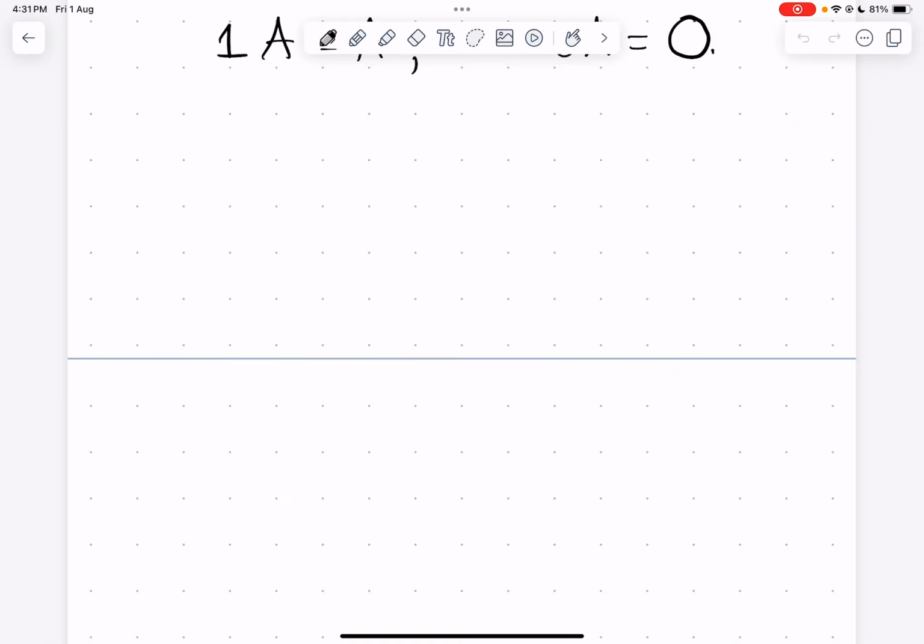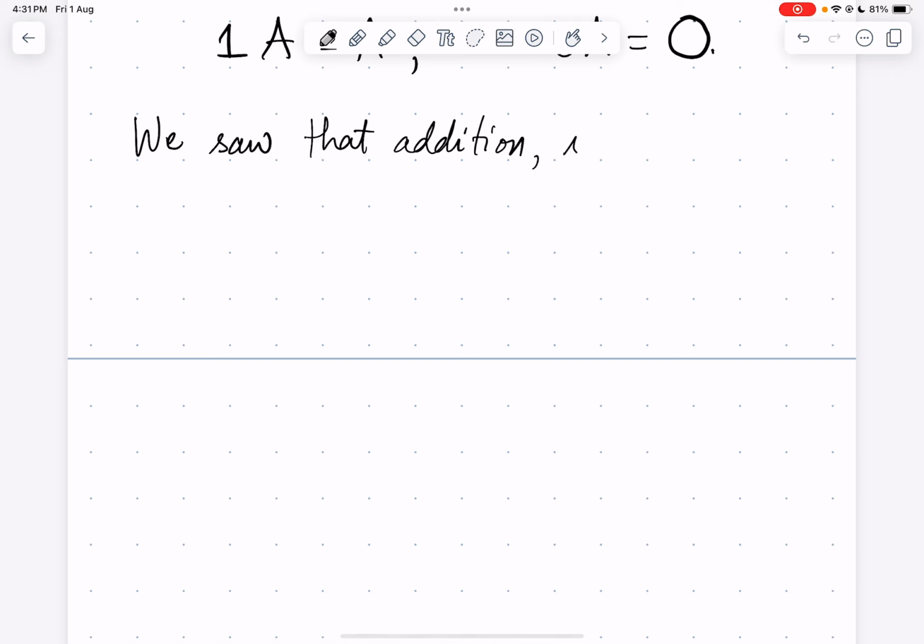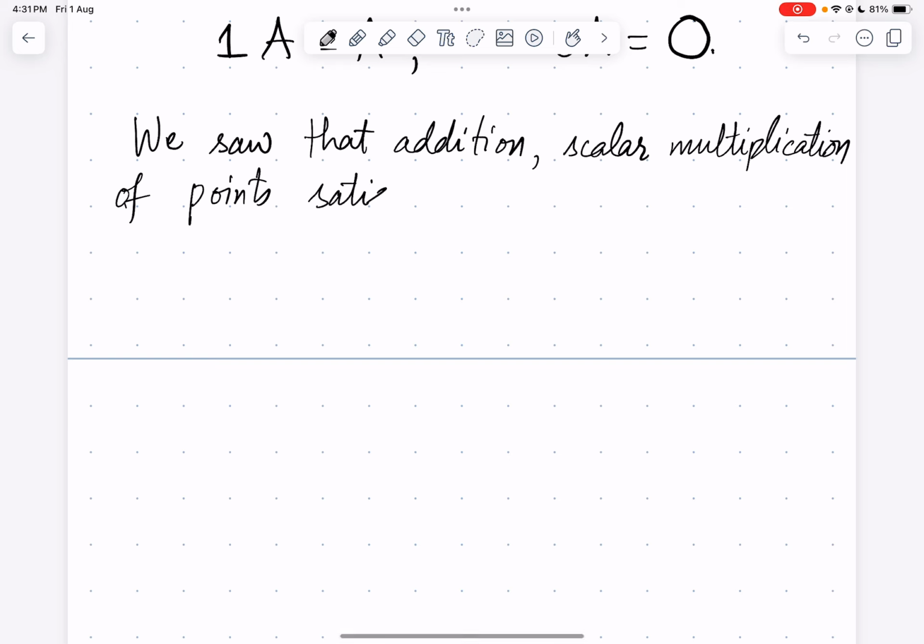Okay, let's continue. So we saw that addition and scalar multiplication of points satisfy nice algebraic properties.